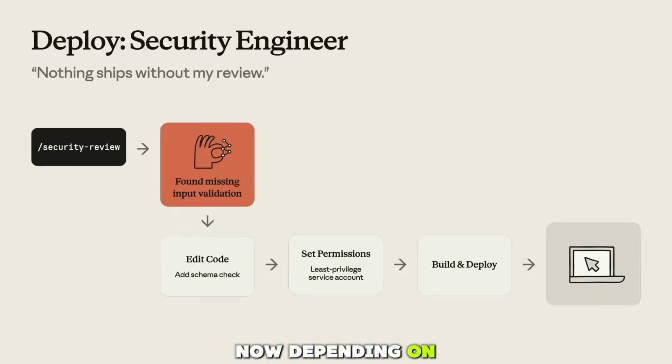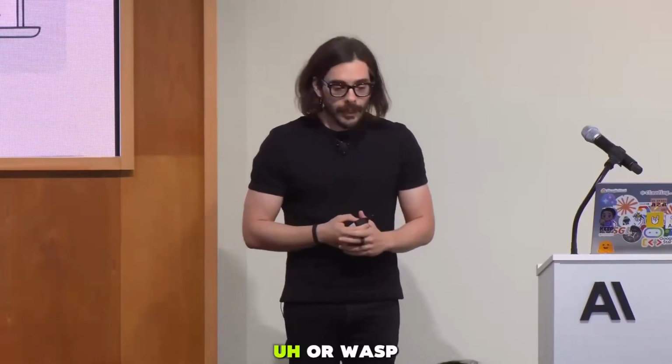Now, depending on your company, you can have different security requirements. So, for example, you may want to check if your application is solid with respect to the most common OWASP issues.